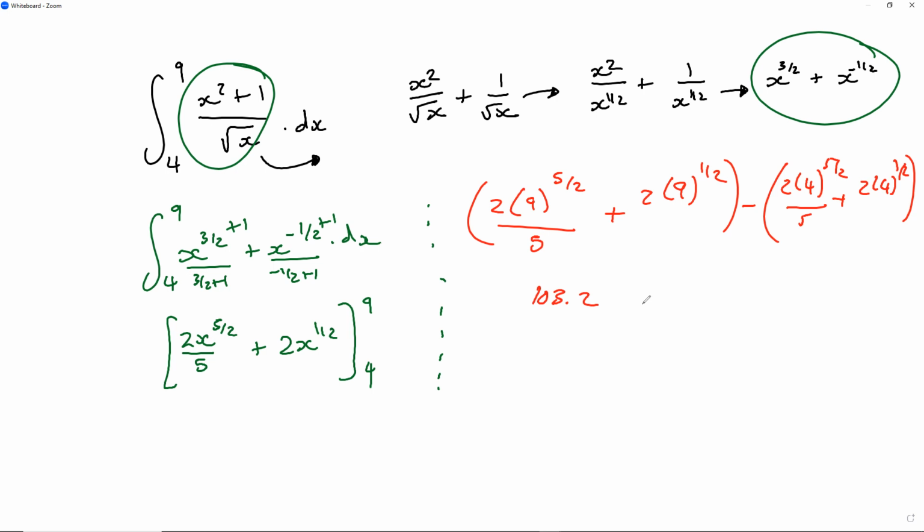Putting the second expression into a calculator, 2 times 4 to the power of 5 over 2 over 5 plus 2 times 4 to the power of half will come to 16.8.